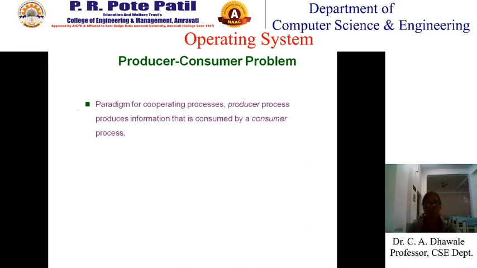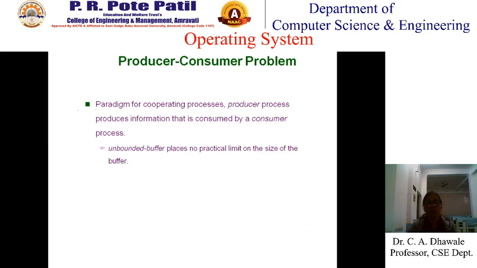Who is producing? The keyboard is a producer, so the keyboard process is a producer process. And these characters appear on the screen or monitor. Who is consuming? The monitor is consuming, so the monitor is called a consumer process. This keyboard and monitor are cooperating with each other and sharing information. So we call it the producer-consumer problem.